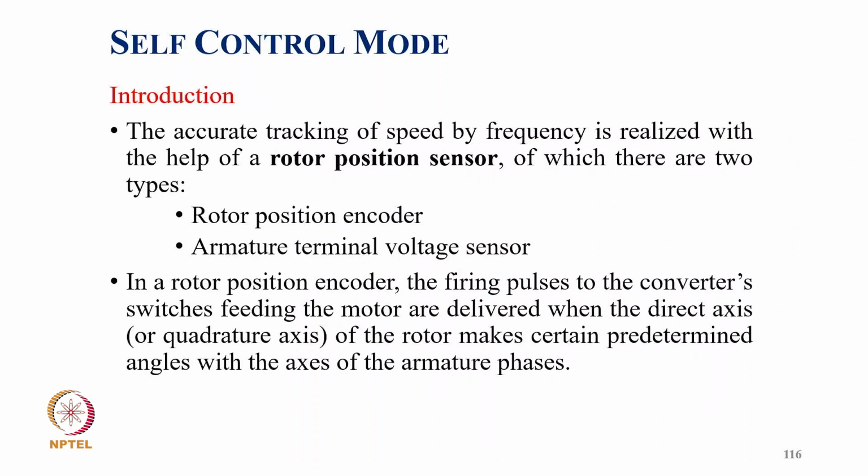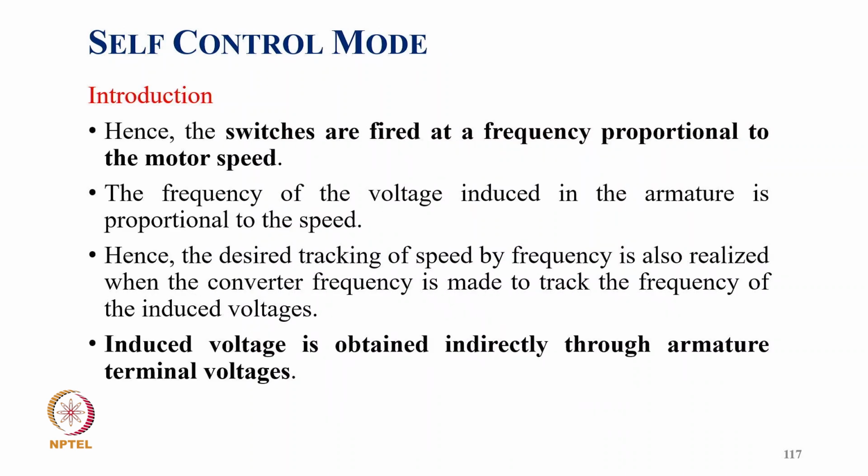So the accurate tracking of speed by frequency is realized with the help of a rotor position sensor, of which there are two types: rotor position encoder and armature terminal voltage sensor. In the rotor position encoder, the firing pulses to the converter switches feeding the motor are delivered when the direct axis of the rotor makes a certain predetermined angle with the axis of the armature phase.